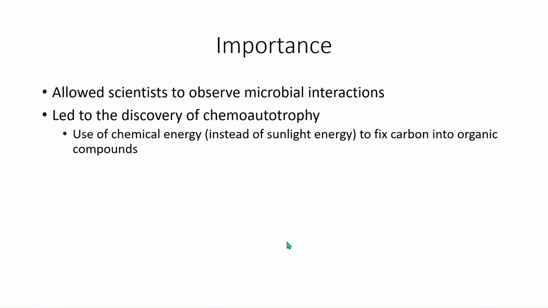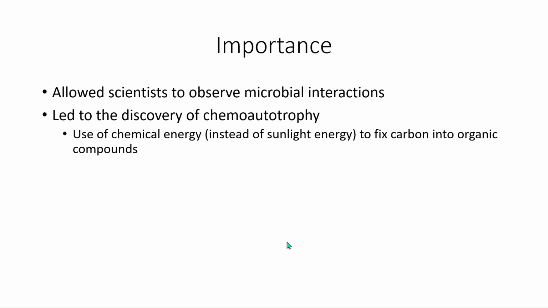So this allows, again, scientists to observe microbial interactions. And one of the important discoveries that was made here was chemoautotrophy. So far, we've talked about photoautotrophy, which gets energy from sunlight in order to fix CO2 or feed themselves. Chemoautotrophy was discovered in the depths of these layers in a Winogradsky column.